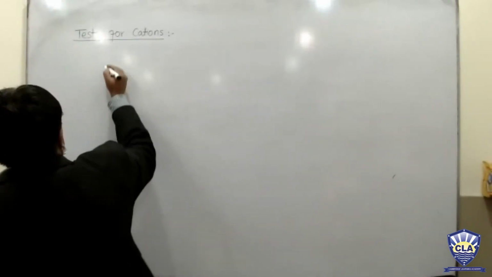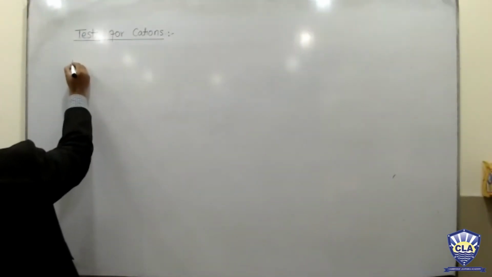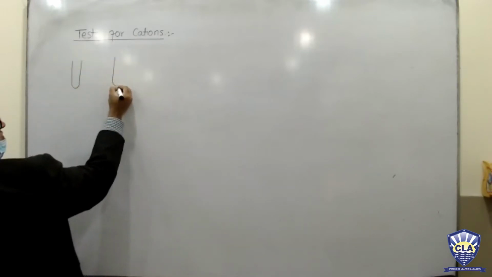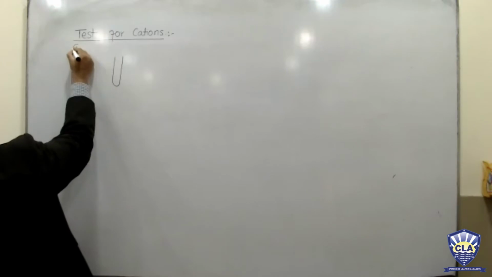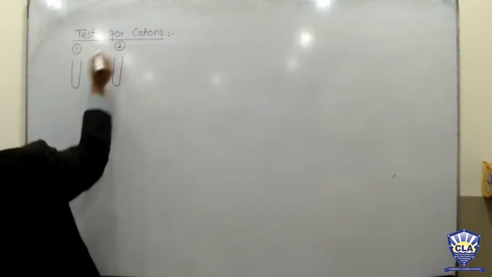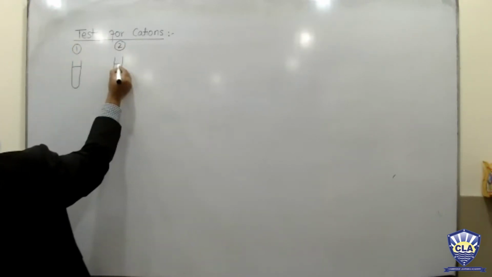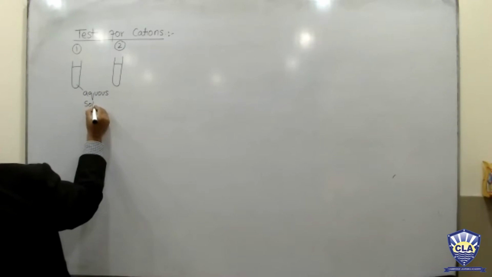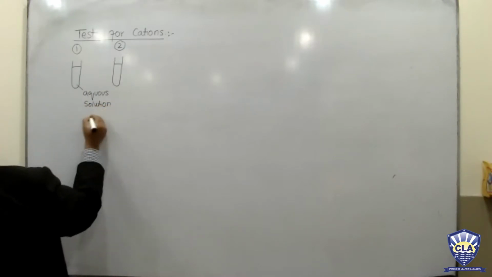The salt dissolves, so you get the aqueous solution of salt. So these are the two test tubes. This is test tube 1, this is test tube 2. Both of these test tubes contain an aqueous solution of salt.